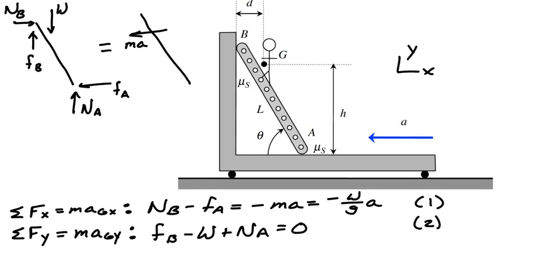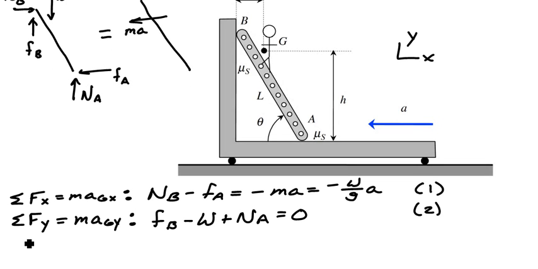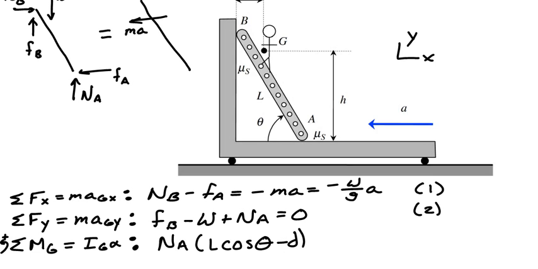I can also sum moments about the center of mass in this problem. And this is a bit trickier due to the geometry of the problem. But if I sum moments about point G, I know that's going to equal I about G times alpha. Again, we don't want the ladder to slip, so alpha is going to be 0. Assuming, as we often do, a counterclockwise positive moment, NA contributes a positive moment, and its moment arm will be given by L times the cosine of the angle theta minus the distance d.